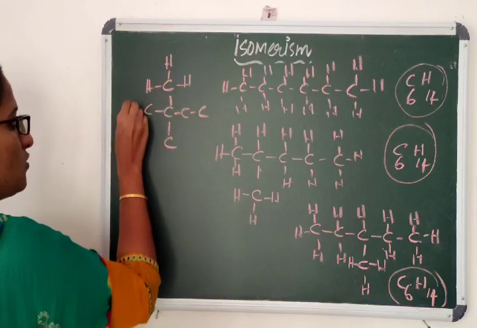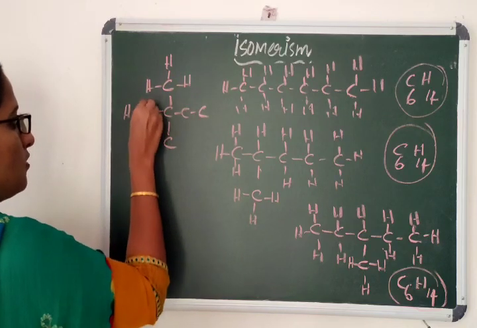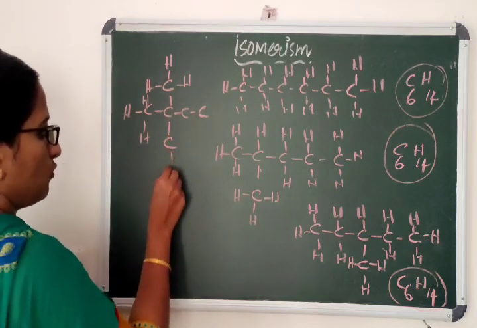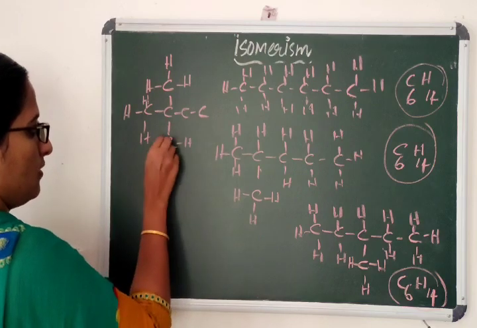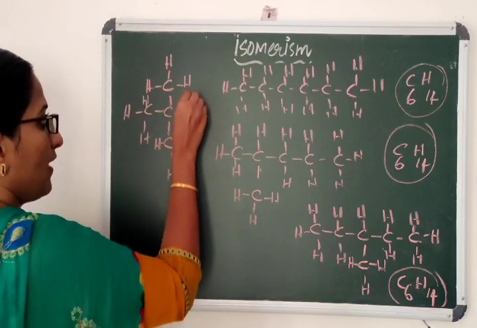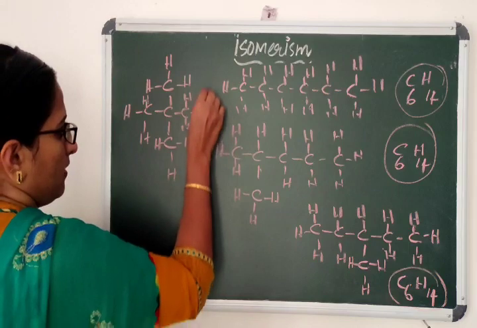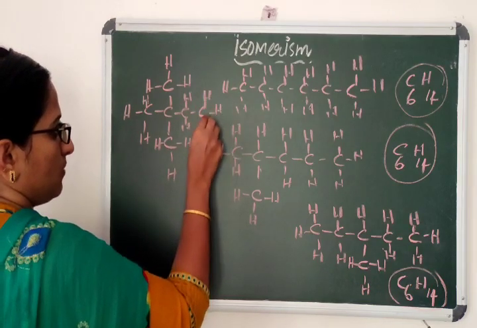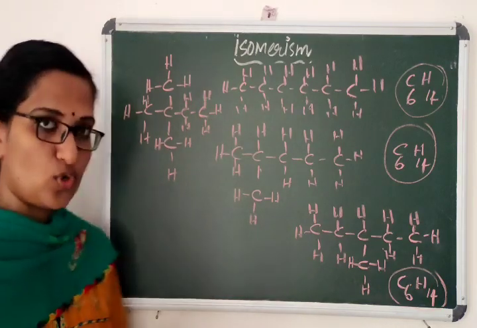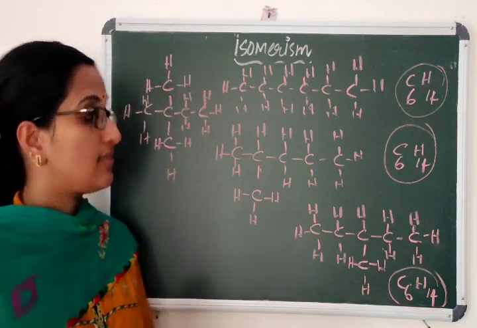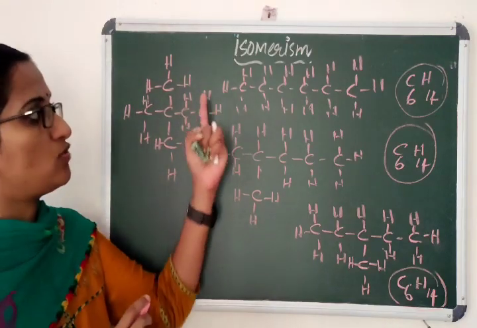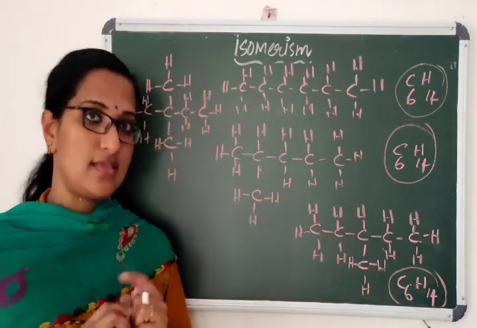This is also an isomer of hexane, no doubt. The thing is that the molecular formula should be the same. You can draw the maximum possible isomers. And this is regarding isomers and isomerism.